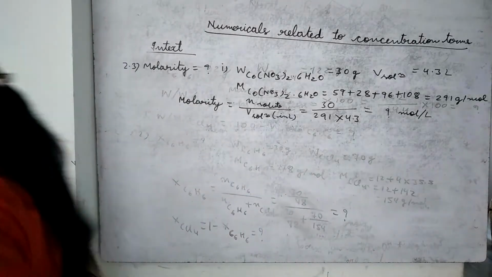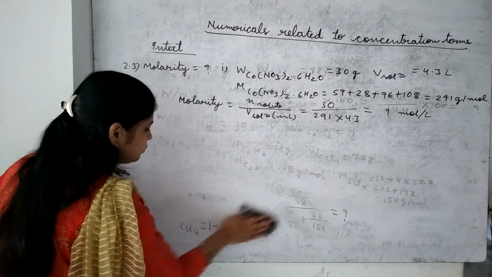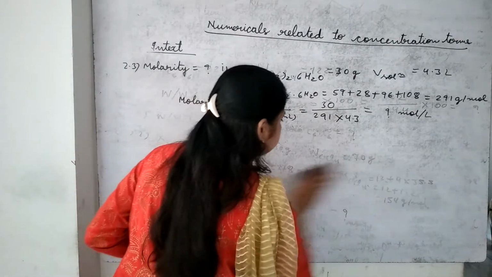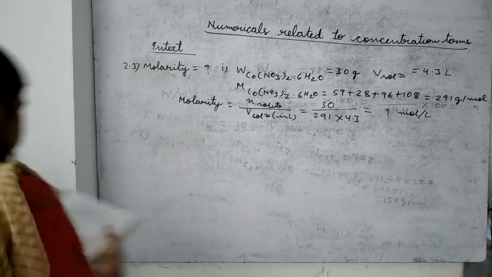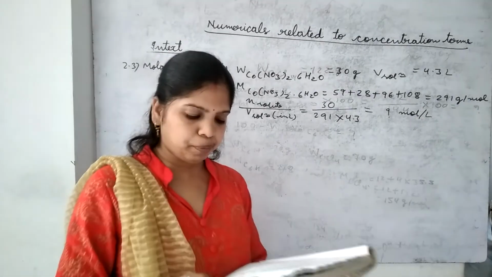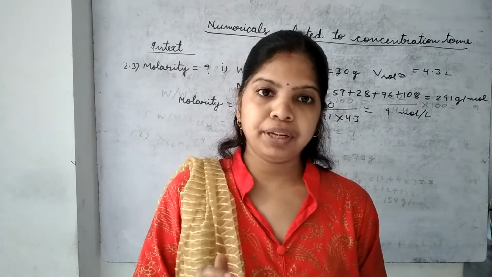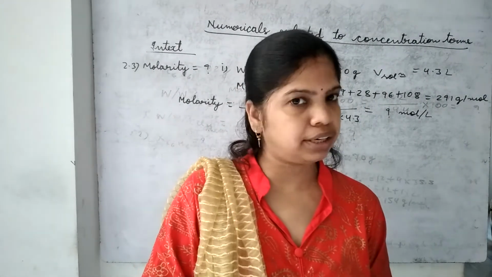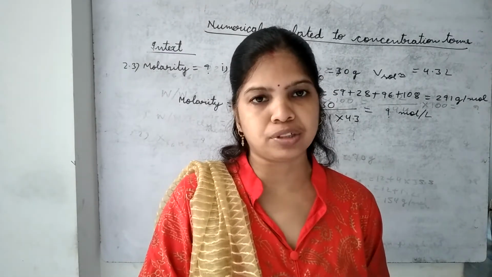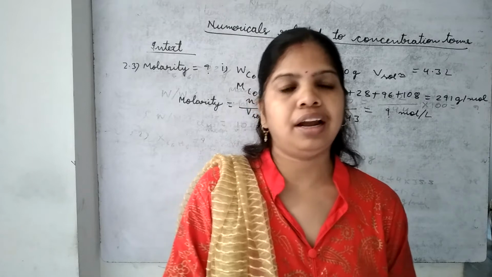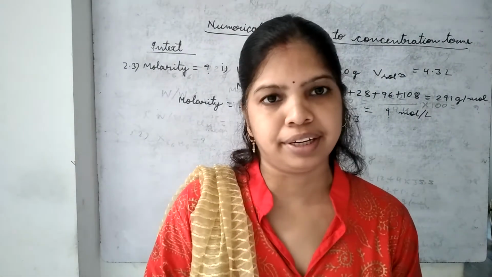It has been given: 30 ml of 0.5 molar H2SO4. That means the initial volume is 30 ml and a 0.5 molar H2SO4 solution is given, and afterwards this solution is diluted to 500 ml.